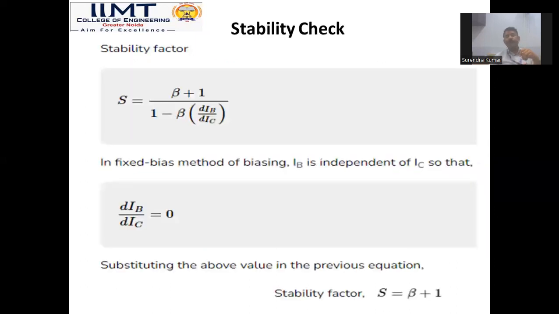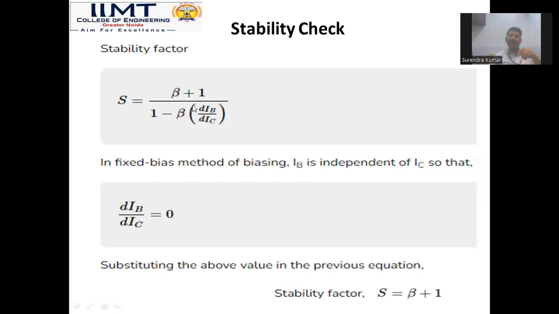Now, to check the stability factor of this fixed bias circuit, which is given by this formula, beta plus 1 minus beta dIB over dIC. So this is the change in base current with respect to collector current.